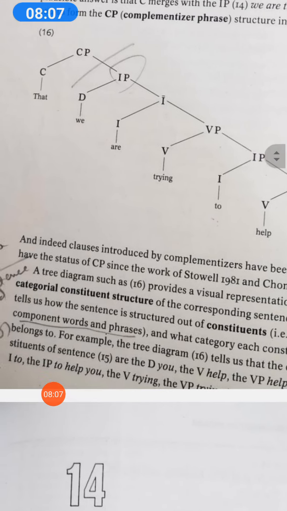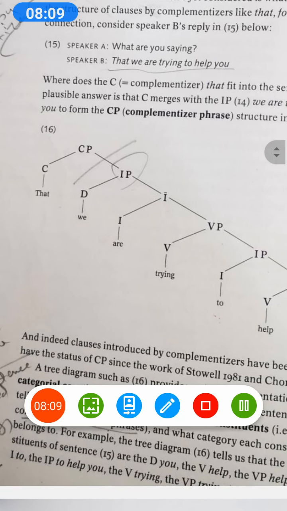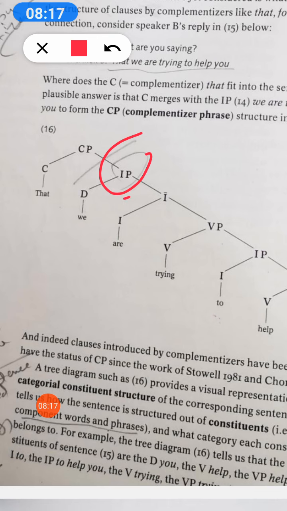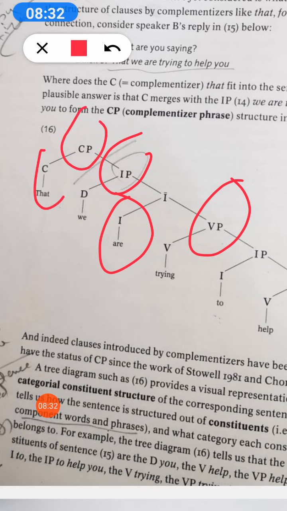And you see, finally, that when we add an auxiliary, here the auxiliary are, to the previous verb phrase trying to help you, we get an auxiliary phrase. And finally, when we add the complementizer that, we get a CP phrase or a complementizer phrase.